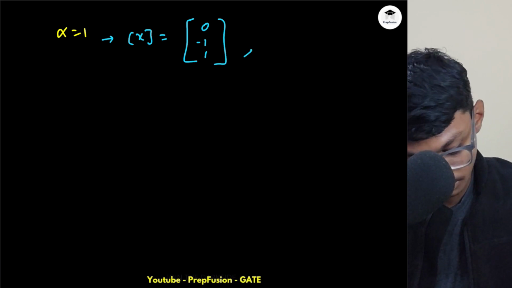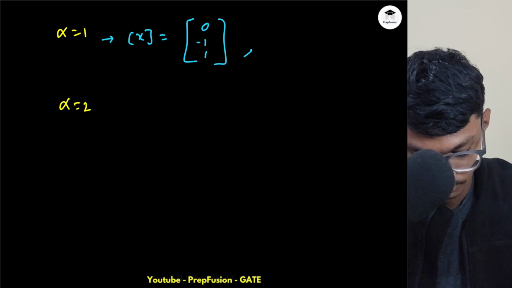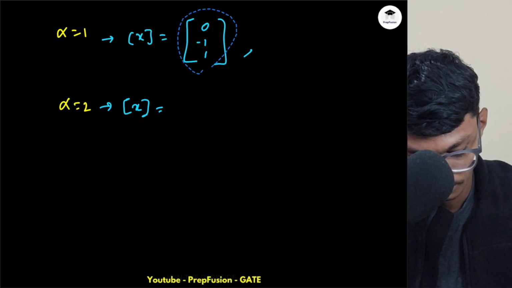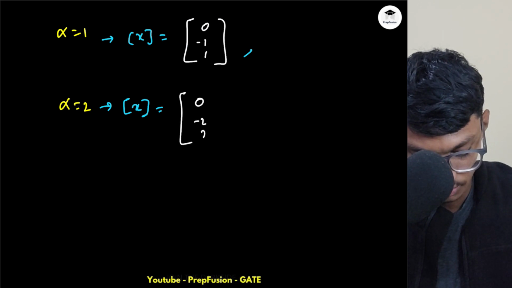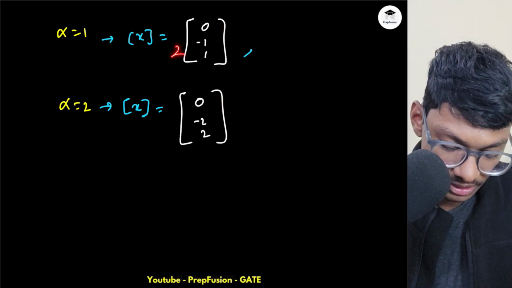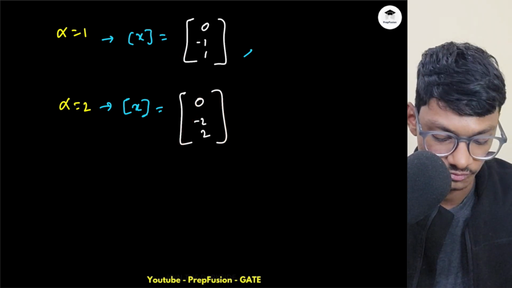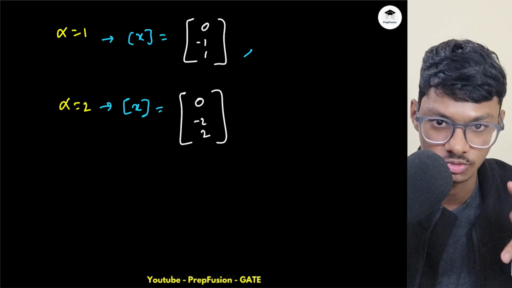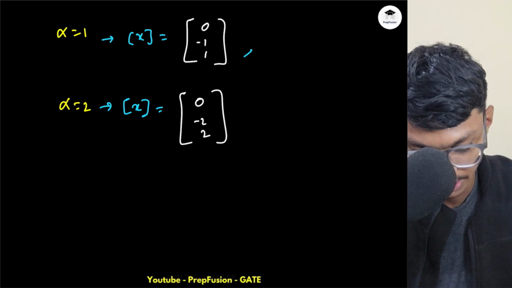And if my alpha is 2, this is 0, minus 2, 2. Are they linearly dependent? Yes, because if I multiply this with 2, it becomes this. That is what linear dependency means: for two columns or two rows, it is simply proportional to each other. So these are linearly dependent.